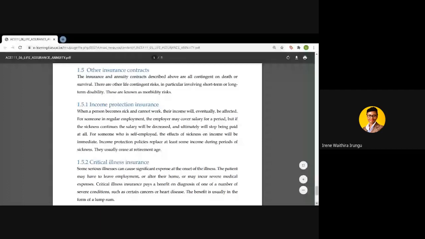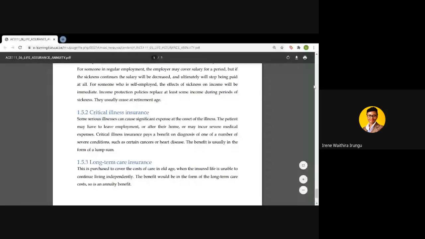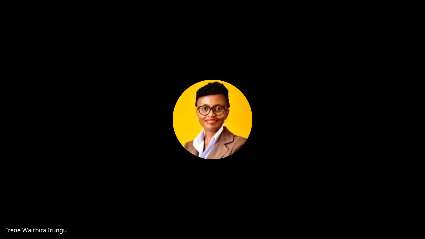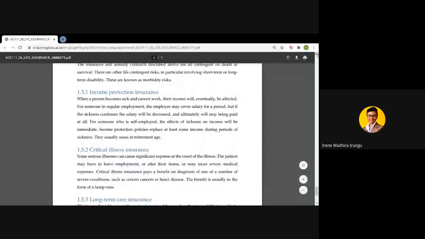We also have another type, which is the critical illness. The distinction between this and the earlier one is that in this case we are focusing on illness. In the other one, we were looking at the inability of someone to continue working, which can be attributed to sickness or to an accident and so on.